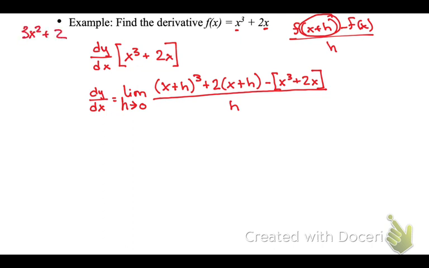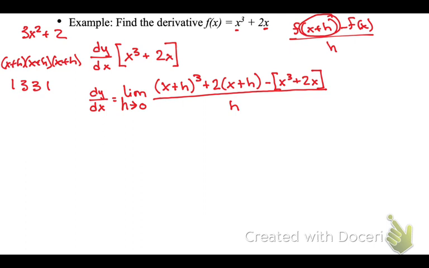Okay, so if you remember your Pascal's triangle, this 3 is 1, 3, 3, 1, right? You have to start on top of it. Okay, so this means I'm going to take x plus h times x plus h times x plus h. So if I can remember 1, 3, 3, 1, it would be much easier, yes?